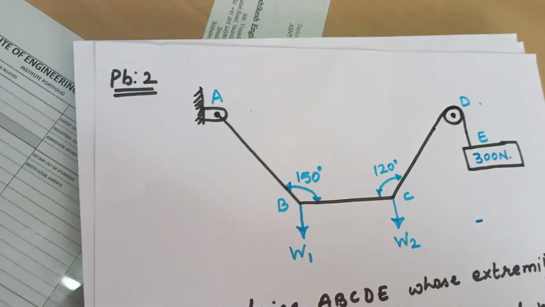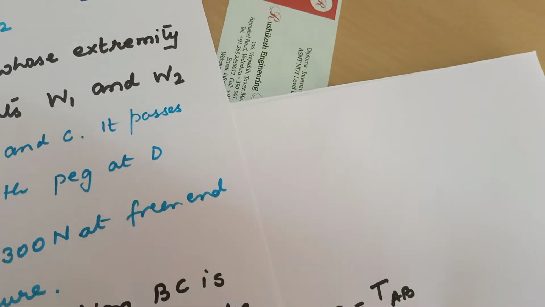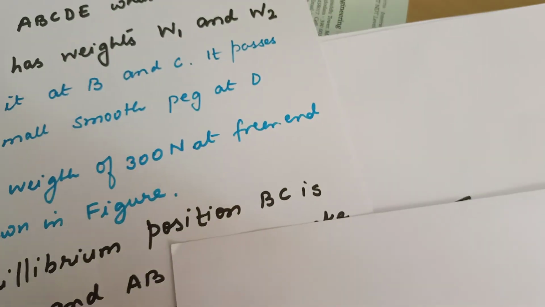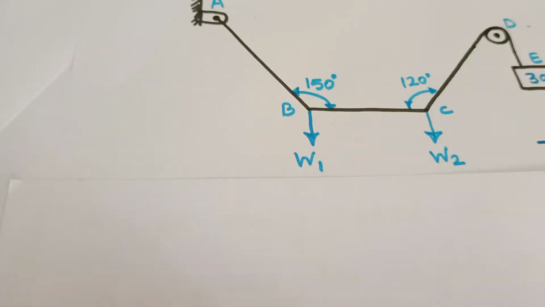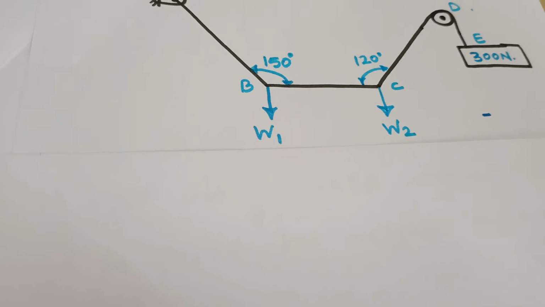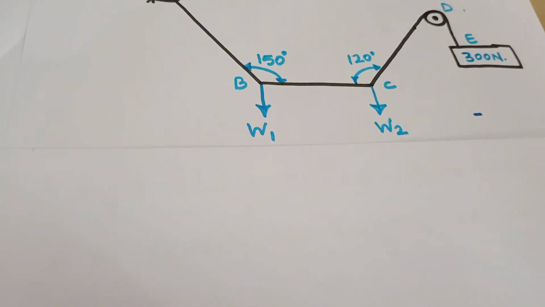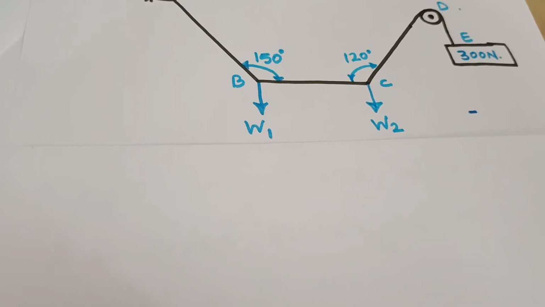If the string is attached with a weight and it is passing through a pulley or a peg, the load will be the same in the string CD and DE.